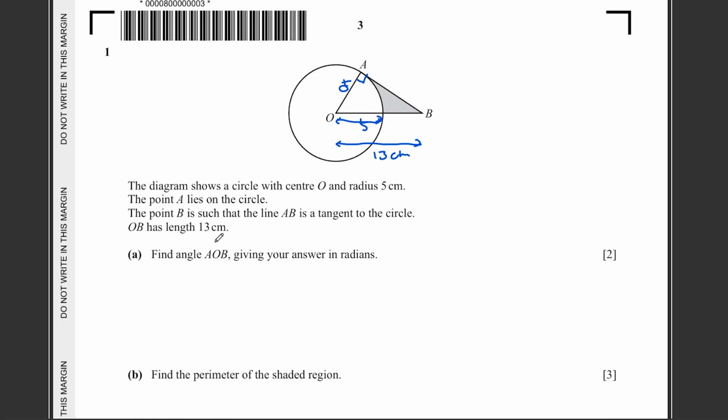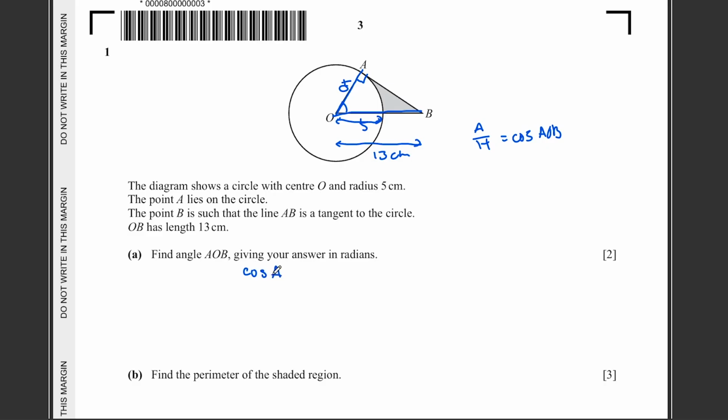Let's do part A, which is find the angle AOB. So we want to find this angle. I think we can do it with trigonometry here. We have the adjacent side, and we also have the hypotenuse. With adjacent and hypotenuse, we can use cosine.